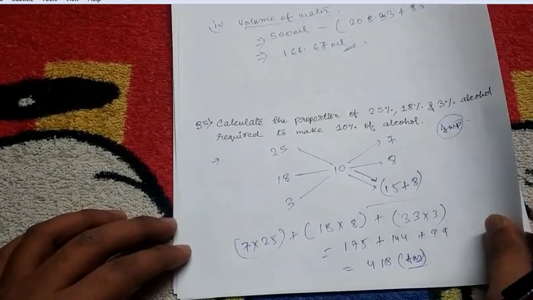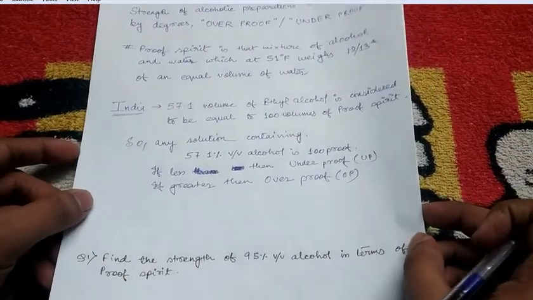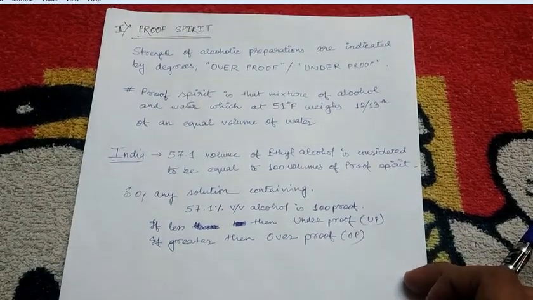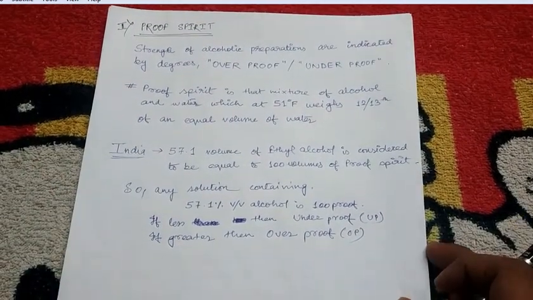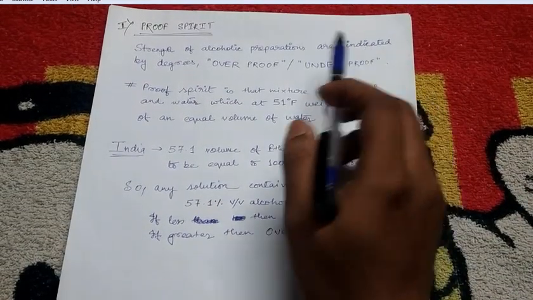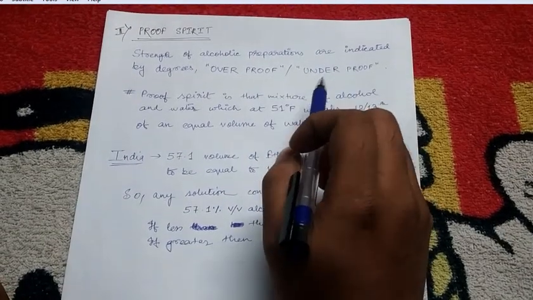Now let's move on to the next topic we have for today, that is proof spirit. This is again a numerical based topic. So the strength of an alcoholic preparation are indicated by degrees of overproof or underproof.